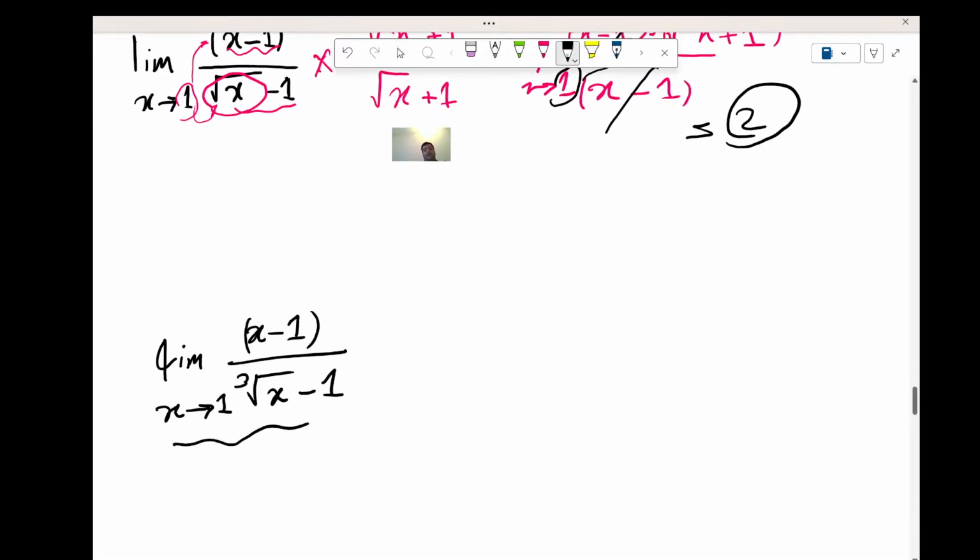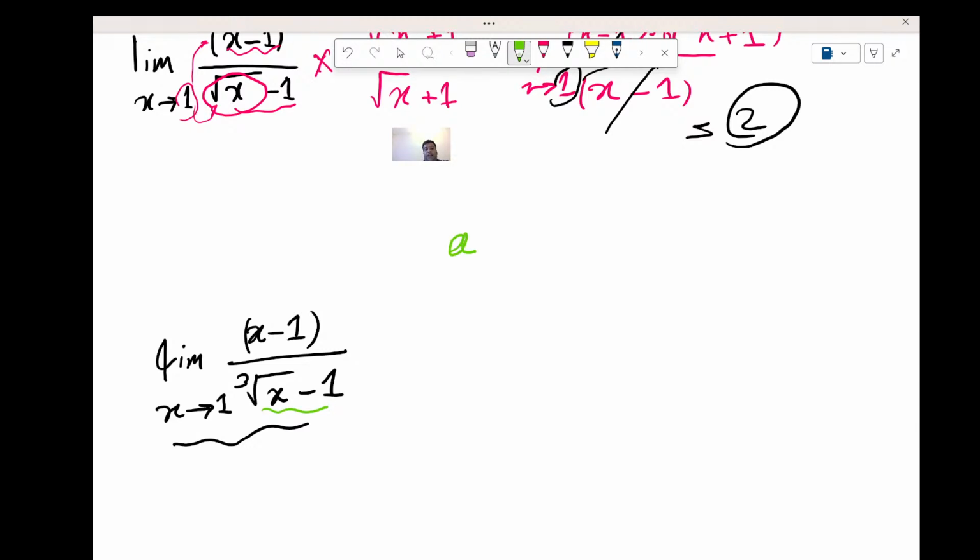But about another question, guys. In another question, when you put 1, the answer in the top and bottom is also 0. But here we use the cube identity.